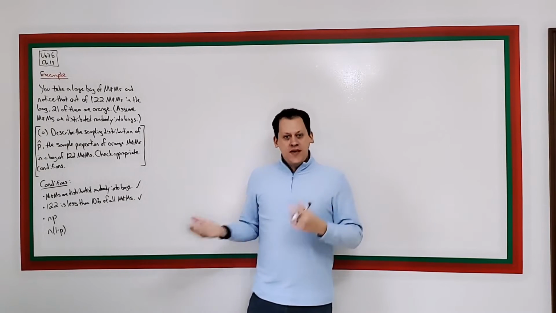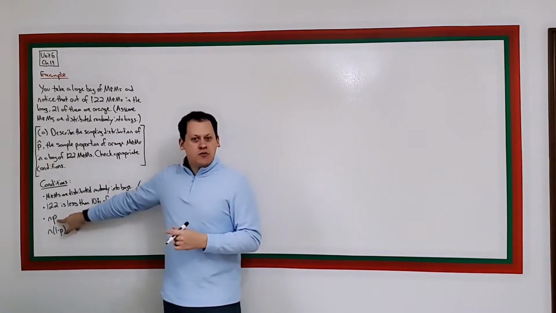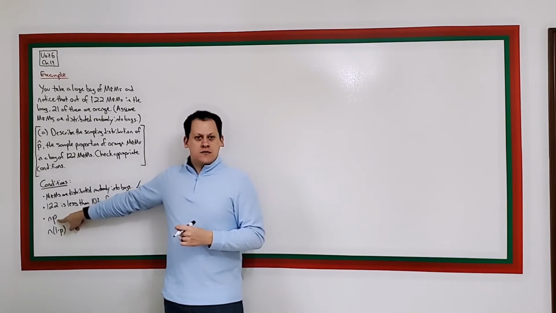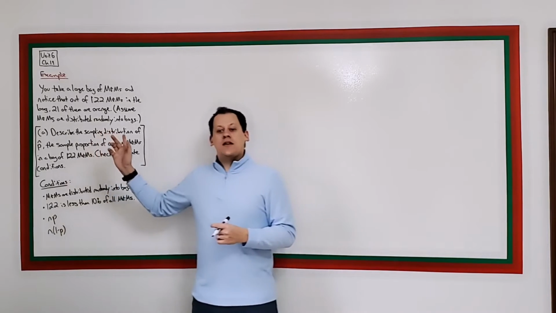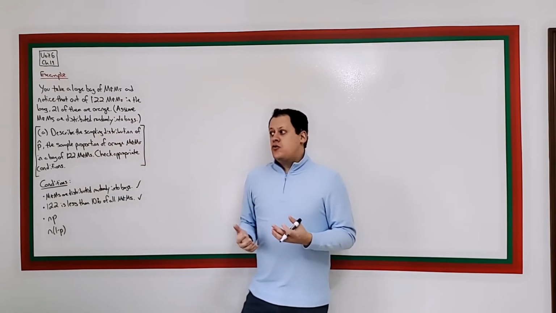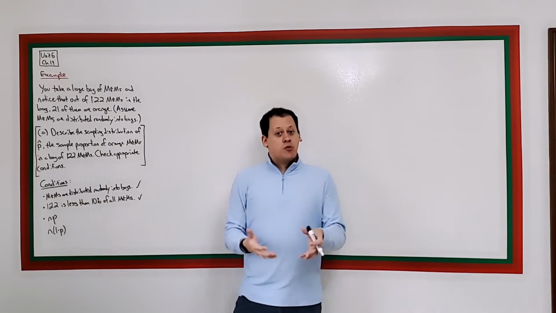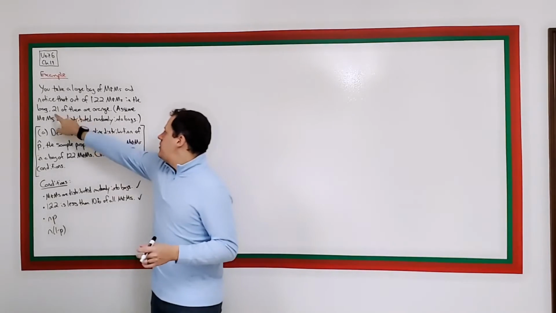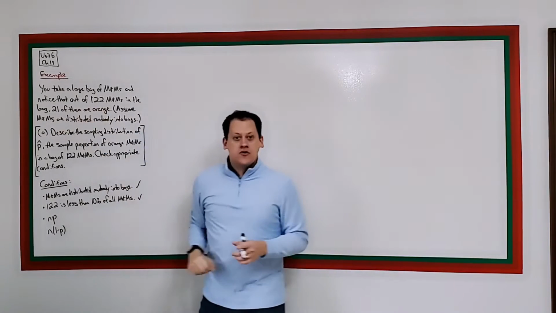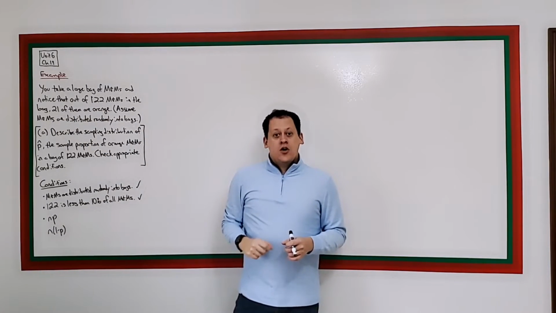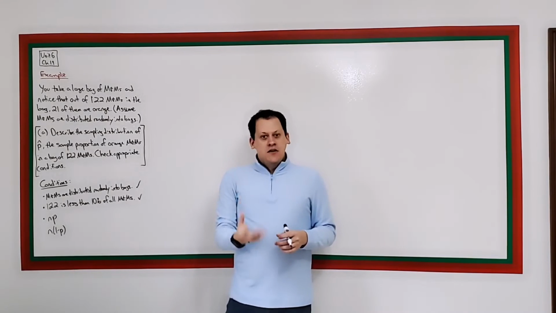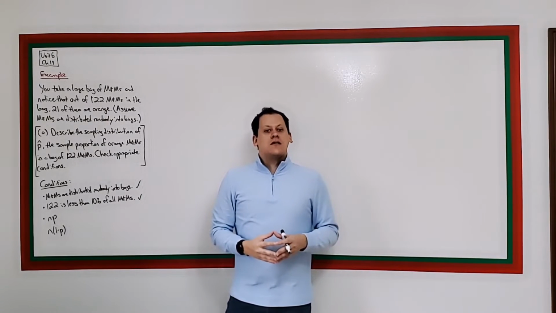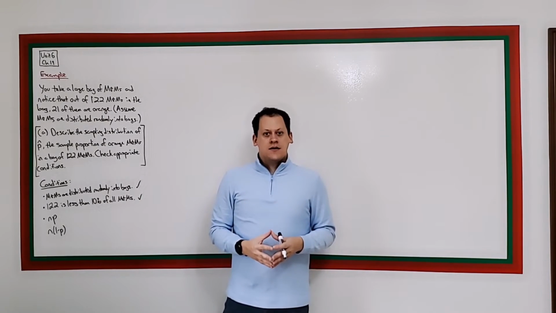Do you know p, the population proportion of orange M&Ms? No, that's not given here. Do you know p hat, the sample proportion of orange M&Ms? Yes, that's going to be 21 out of 122. Do you know what p naught or p0 is, the number in the null hypothesis?